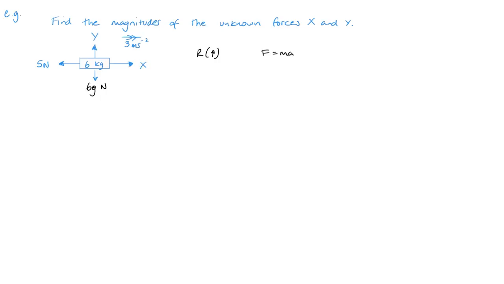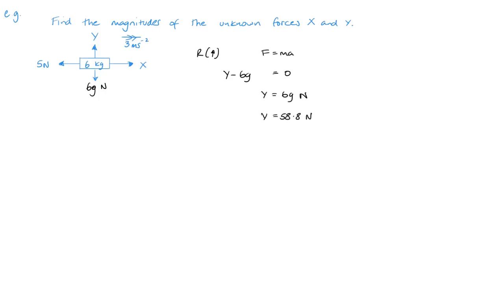So the resultant force, which is y minus 6g, is going to be equal to 0. So effectively, y equals 6g newtons, or 6 times 9.8 is 58.8 newtons. So that is my y straight away.